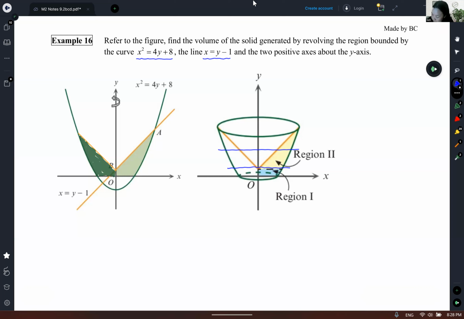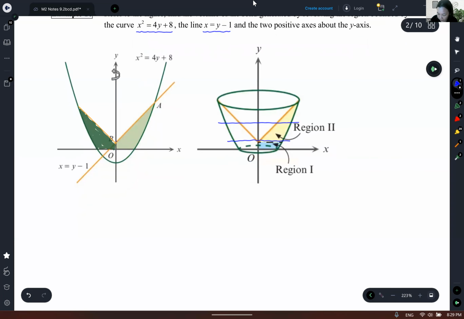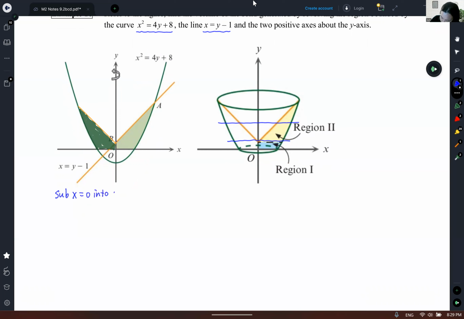Now, because we need to do it in two parts, I need to know what this value is. So step one, substitution. Substitute x equals 0 into the straight line. We have y equal 1. So b can be found.